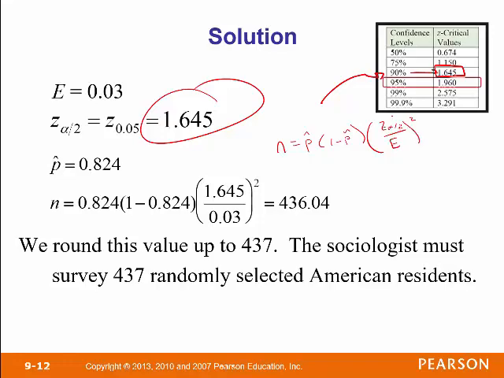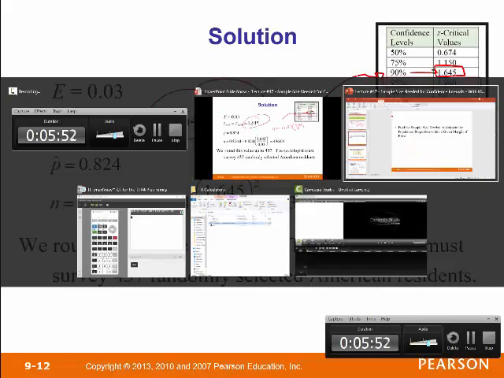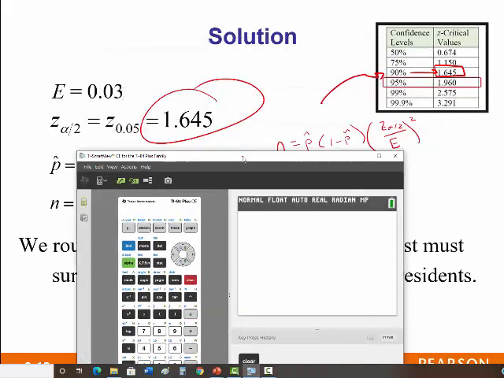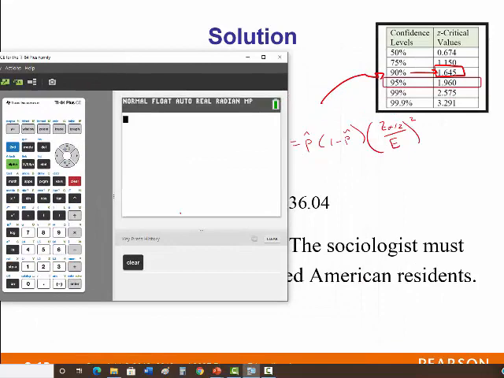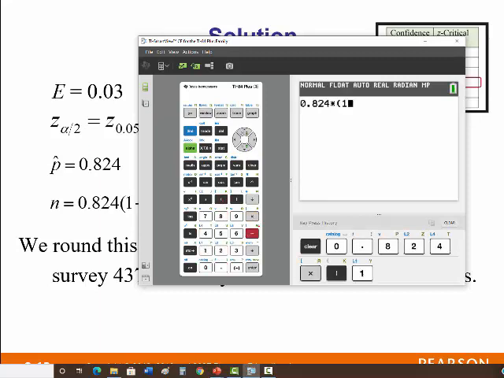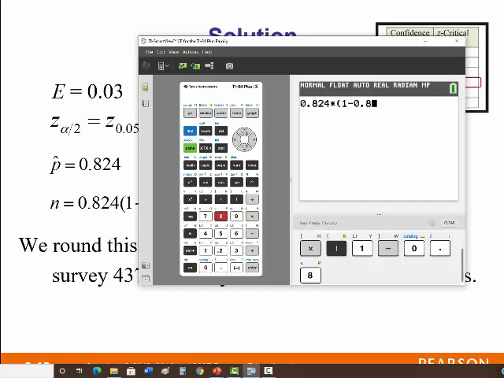Let me show you in a graphing calculator how they get this. You're going to take p hat, which is 0.824, times, in parentheses, 1 minus 0.824, close the parentheses.